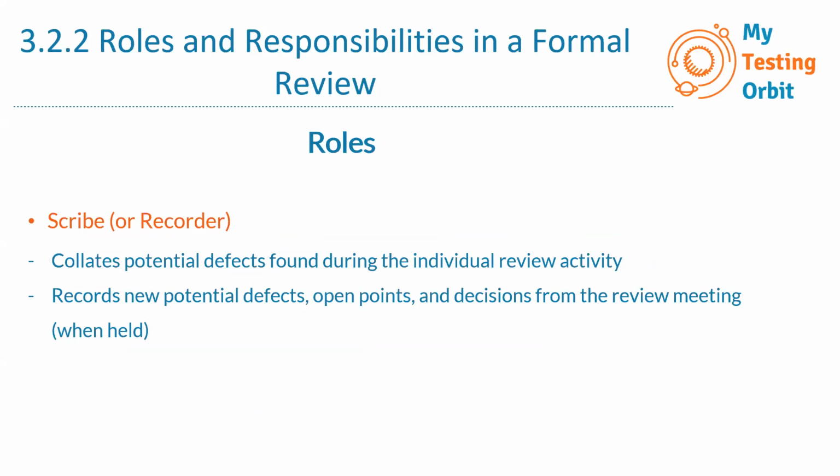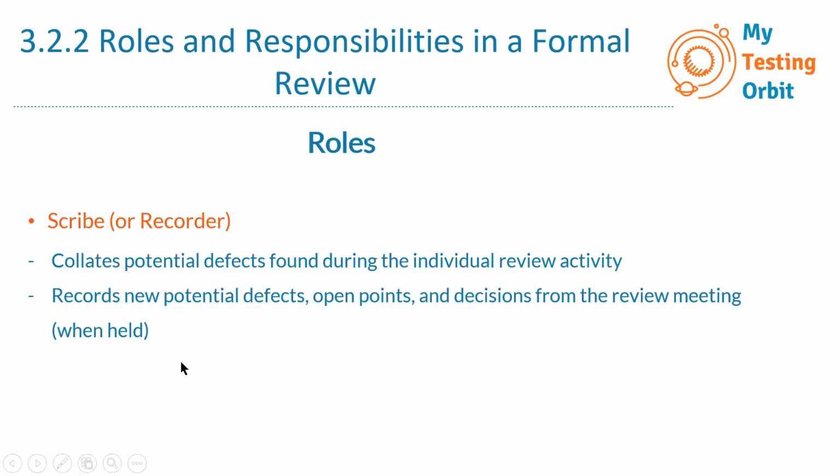And the last one is scribe or recorder. So in simple terms, the scribe is like, if we are having a meeting and someone is taking the minutes of the meeting, then that person is the scribe. In the review process, the scribe collates potential defects found during the individual review activity and records new potential defects, open points, and decisions from the review meeting when held.